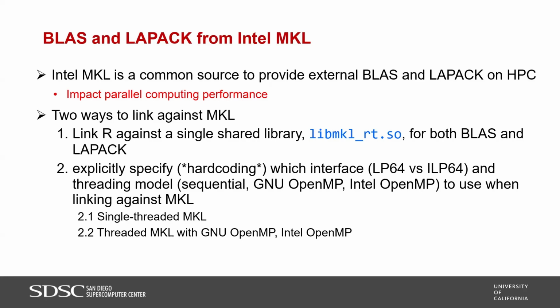If we want to build R against MKL, we can either link R against a single shared library, which is called libmkl, or we can explicitly hard-code which interface and threading model to use when linking against MKL. We can choose the single-threaded MKL or a threaded MKL with the GNU OpenMP, or if you have an Intel compiler, the Intel OpenMP.